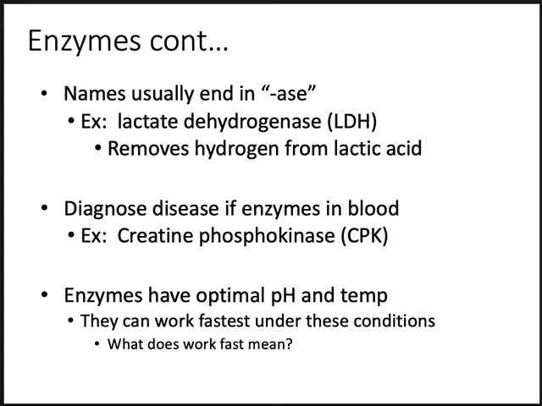What do we mean when we say it can work the fastest? It means it can take the substrate and release product, right? So take substrate, bind to the active site, release product. So it can do that process the quickest when you have the correct temperature and the correct pH.